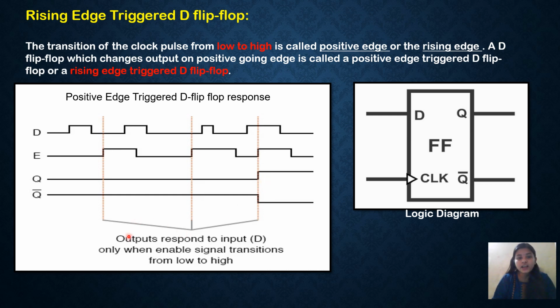On the whole, the outputs respond to the input data only when the enable signal, nothing but the clock pulse, transitions from low to high. This is a logic diagram to show that it is a rising edge trigger D flip-flop. To depict that, we have an arrow in the clock pin.